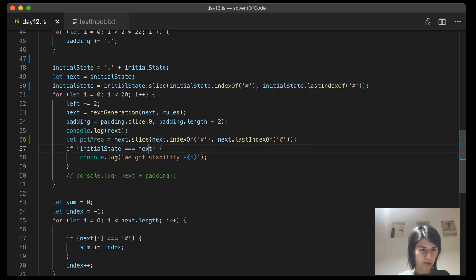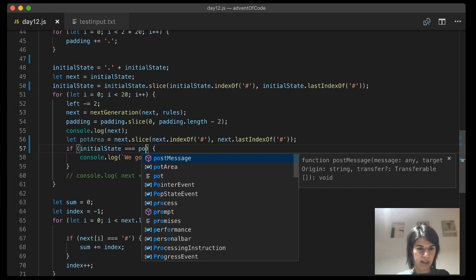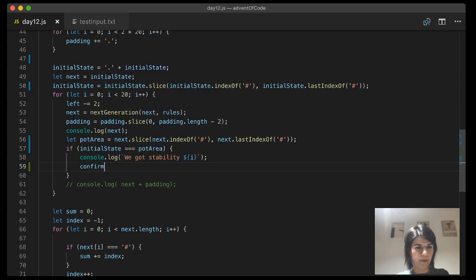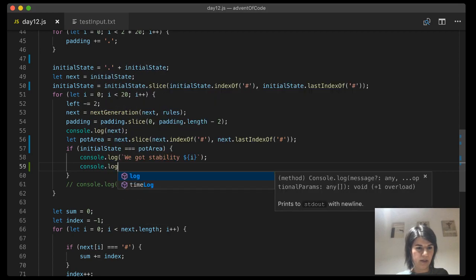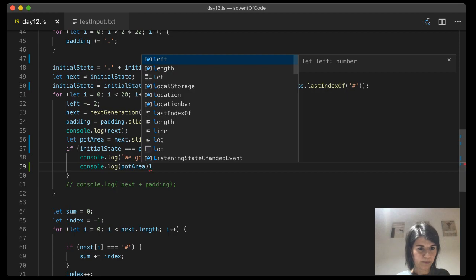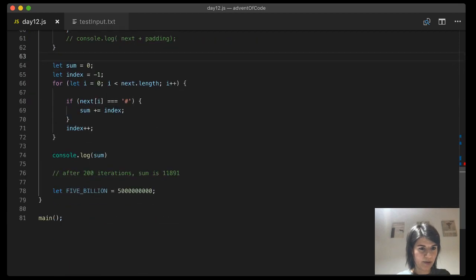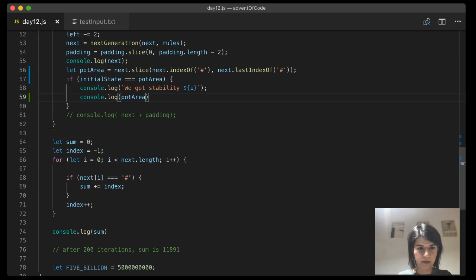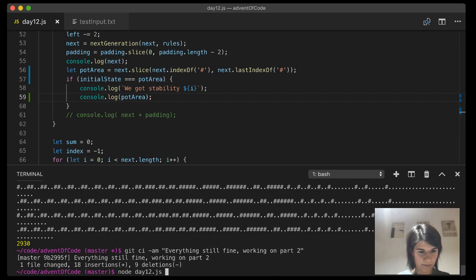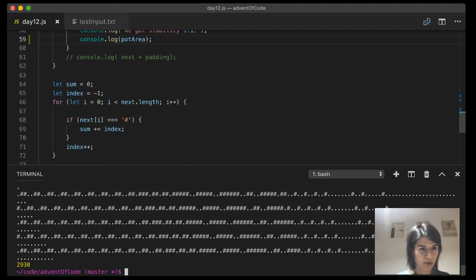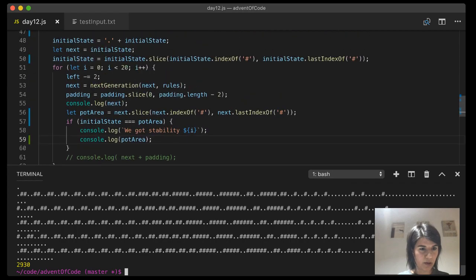And now if initial state is the pot area, then we get stability. Console.log. Let's print the pot area. And then the sum still works exactly the same. And I'm printing still too much console log.